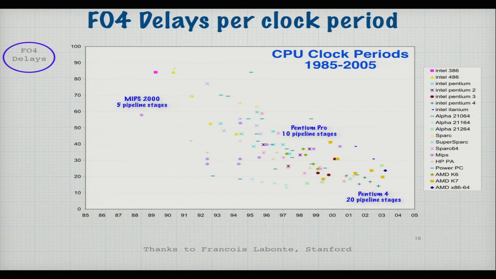The pinnacle of that, the ultimate of that, was the Pentium 4, which had 20 pipeline stages in the processor. If you don't know what processor pipelining means, don't worry about it now. We'll be talking more about this in a few weeks when we talk about the RISC processor.